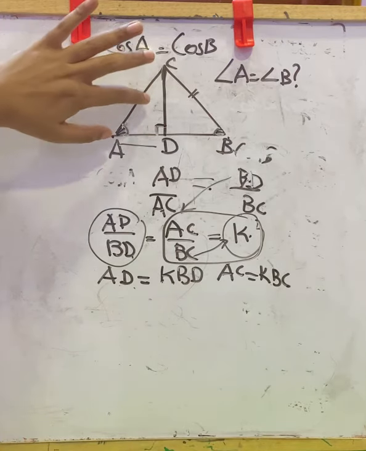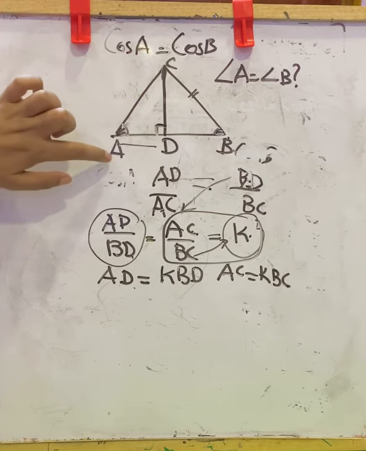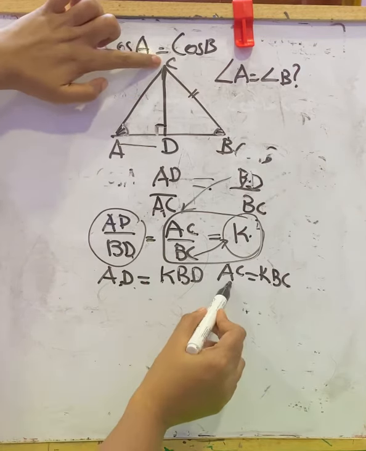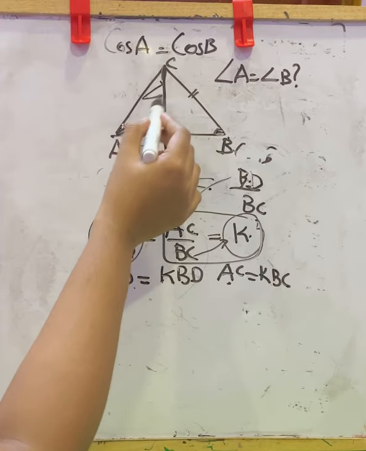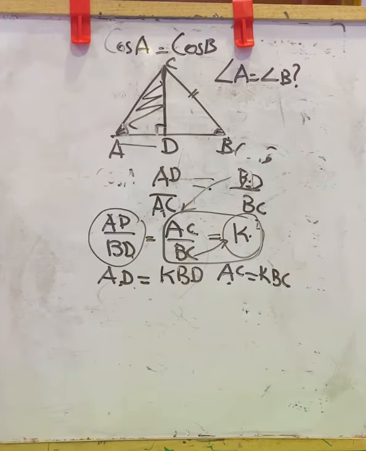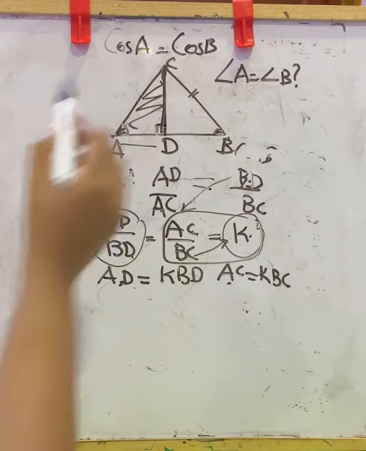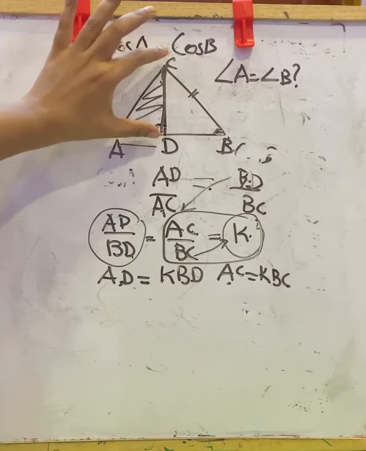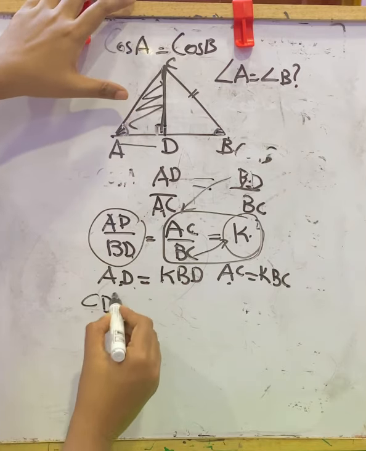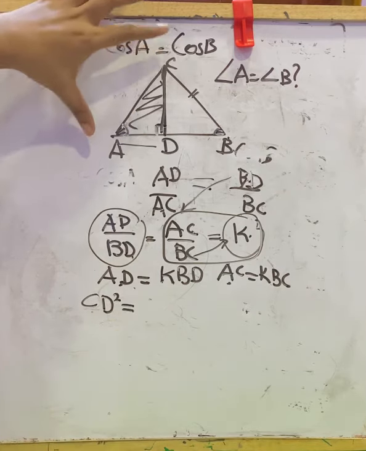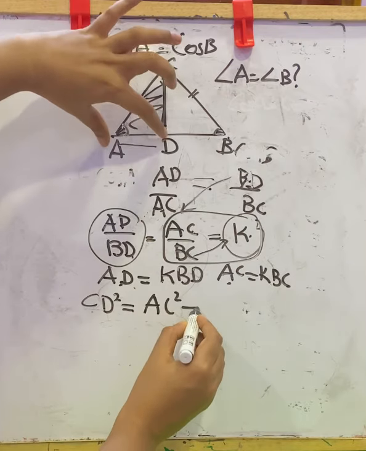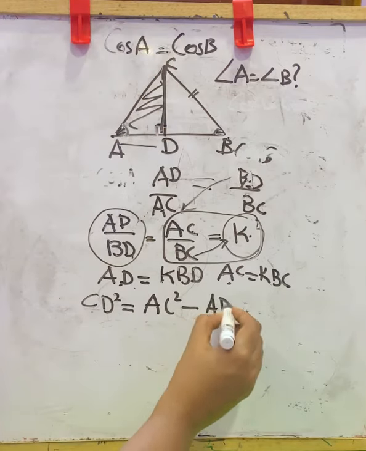So in this triangle, we know the value of AD and we know the value of AC. This is a right triangle and it is easy for us to find DC by applying the Pythagoras theorem. Here CD square is equal to AC, the hypotenuse, square minus this base square, that is AD square.